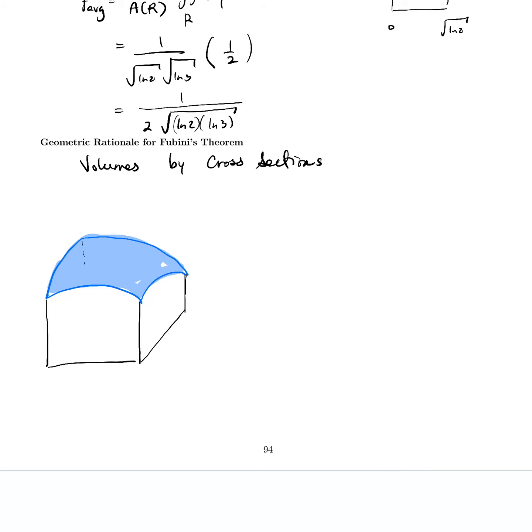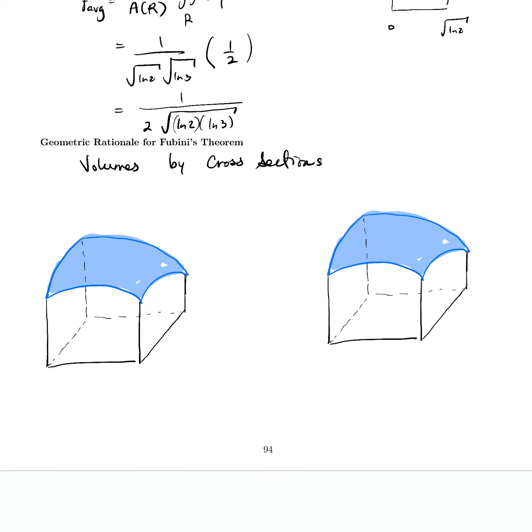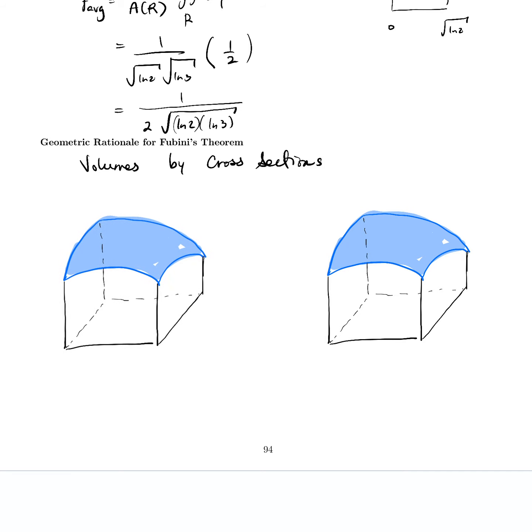This graph here, we're going to need twice. I'll copy this and make a second image of it over here. And now the first way that we're looking with Fubini's theorem is taking a cross-section in this variable here.